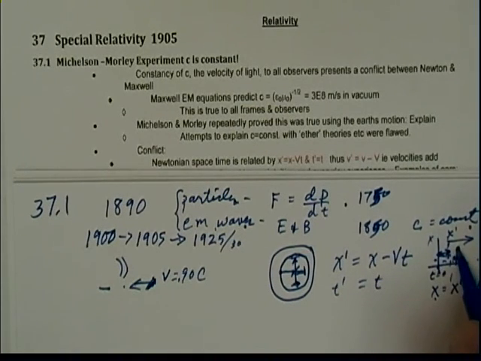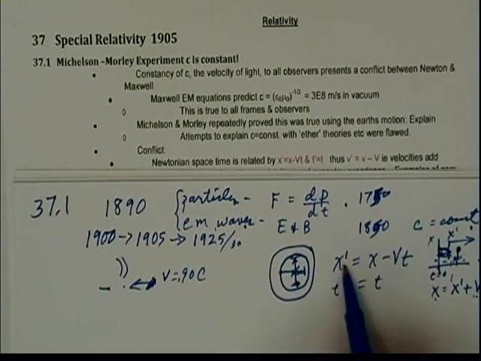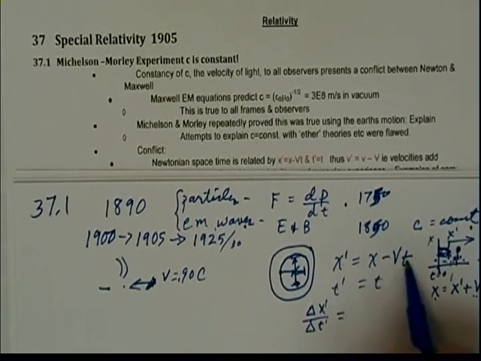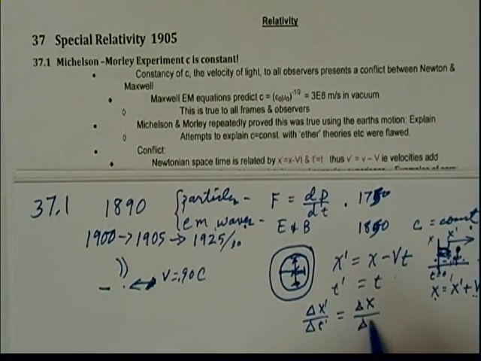The distance x' over to here is less than the distance x over to here by this distance right here, how far the frame has gone since time t equals 0. From this equation, if we ask what is the change in x' over the change in t' for the observer who's moving, it would be equal to, using simple calculus, change in x over change in t minus v times change in t over change in t, which is 1.